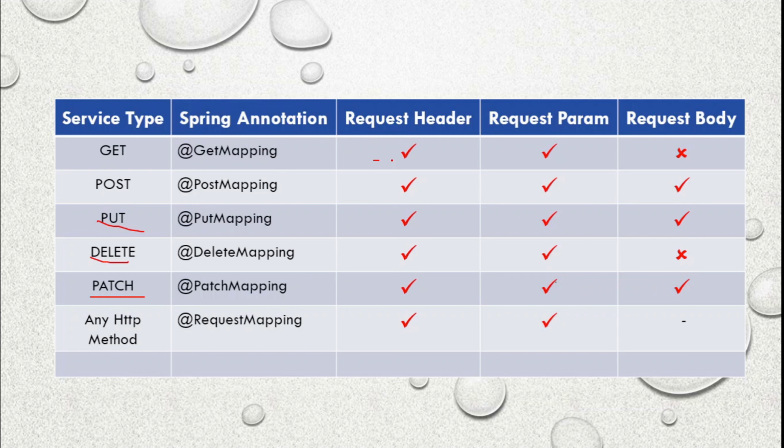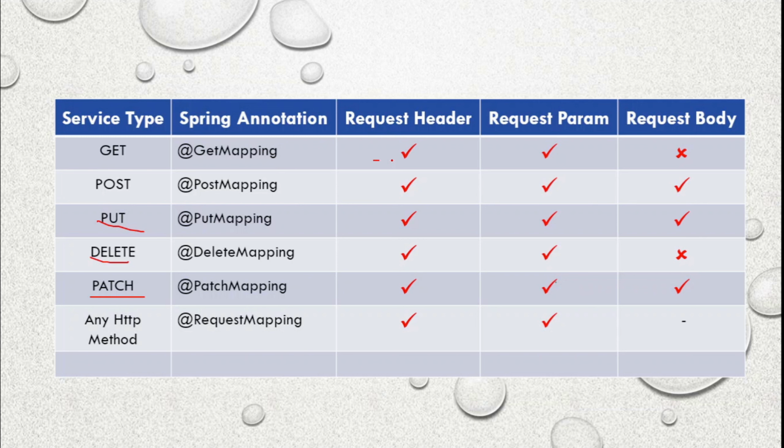Let's say employee ID, we pass it through a request parameter, and the request body is the whole request data we use to process. This request body is not supported by GET services.